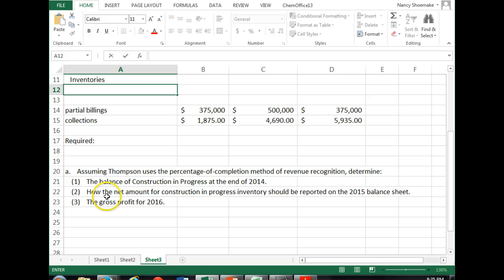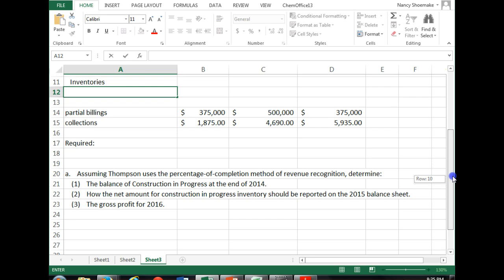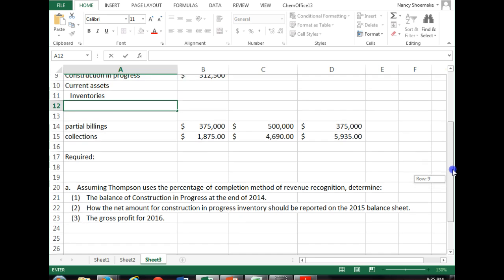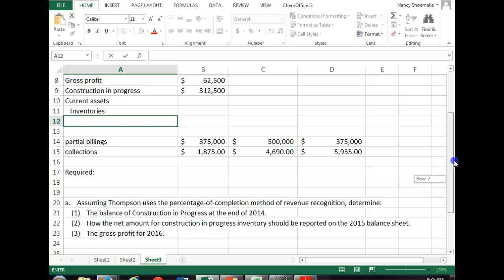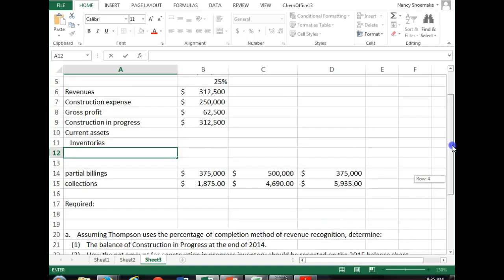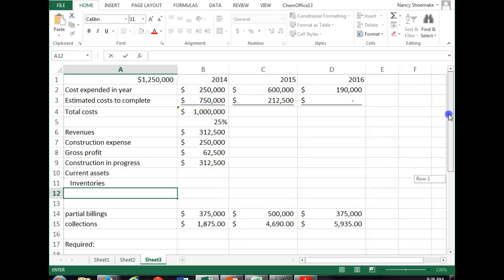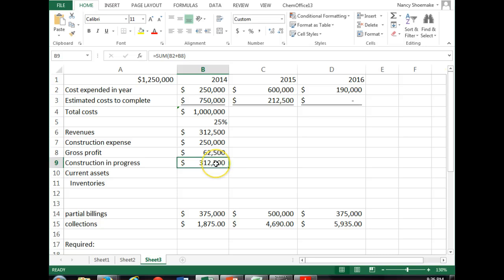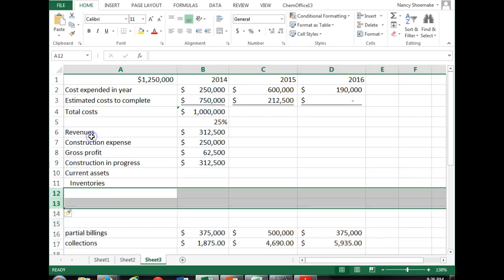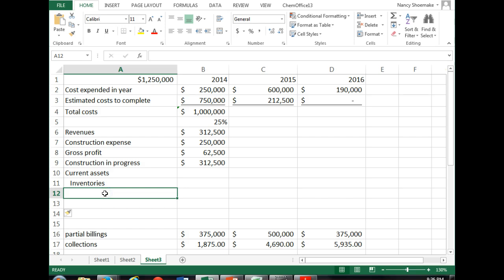How should we be reporting the net amount for construction in progress on the 2015 balance sheet? Don't worry about that. How would you report it on the 2014 balance sheet? 312, right? Let's just do how you would report it on the 2015, but I'm not going to test you on this because that gets too tricky. But how would you report it?